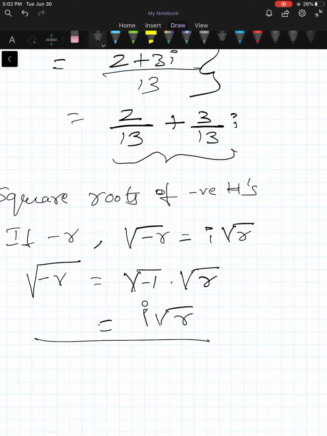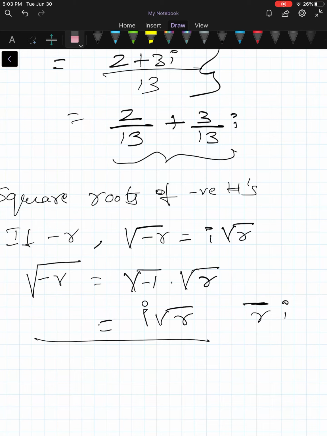Okay, this helps us to solve problems, and we can write square root of r times i, but there is a tendency of most of us to extend the square root even to i. This is very different from square root of r times i.